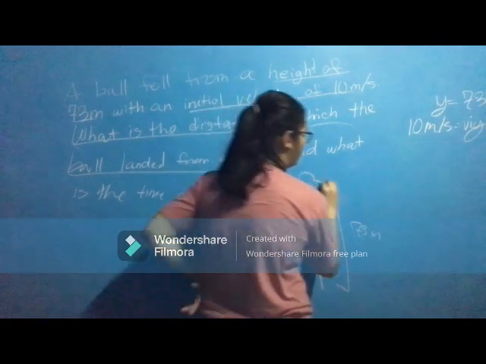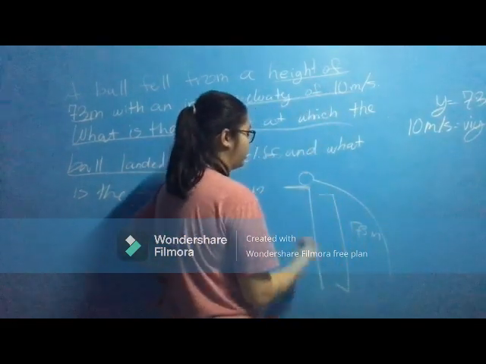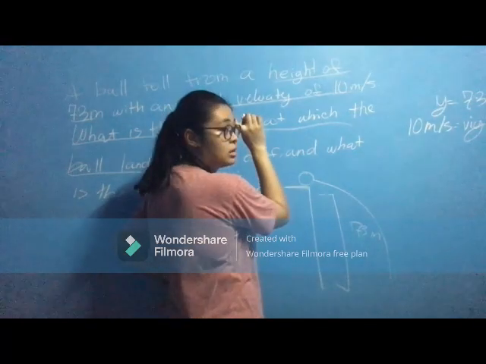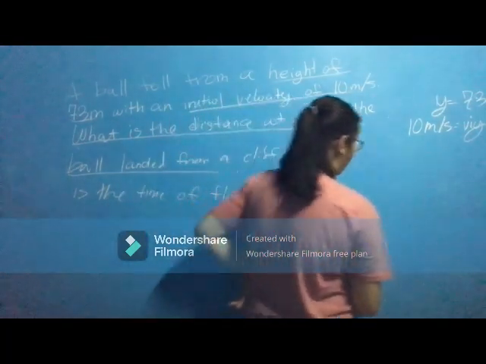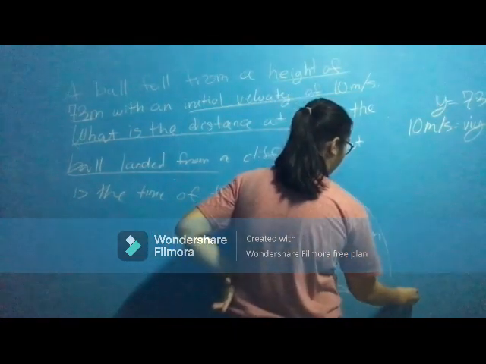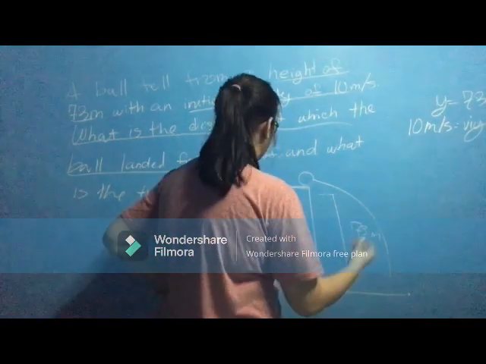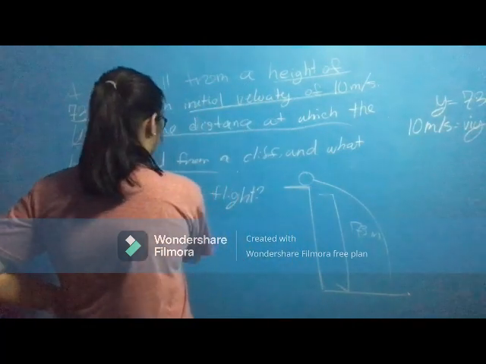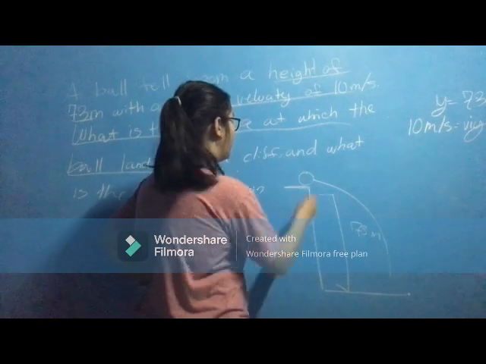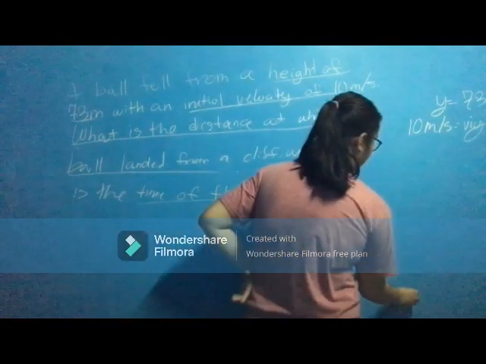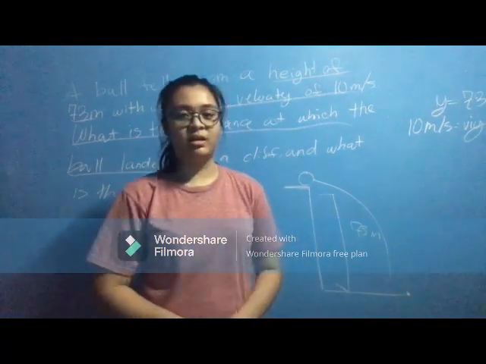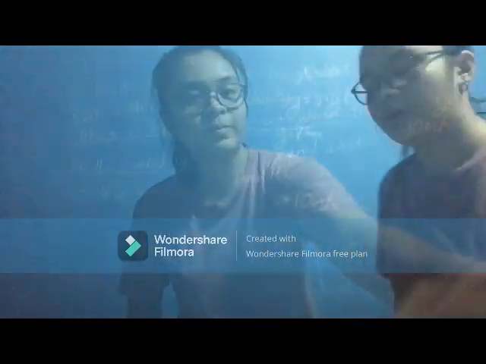If the ball fell, which it did, this distance that is asked from us is the horizontal distance on where the ball could possibly land. And what is the time of flight? The time where the ball landed on this horizontal distance. So let's find those factors.